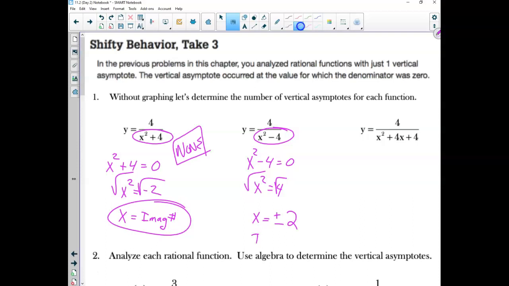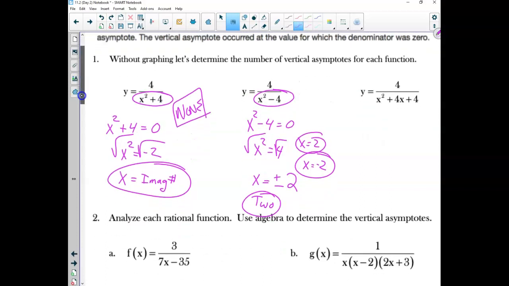So this is going to have 2 vertical asymptotes. It's going to have one at x equals 2, and one at x equals -2. And that's what we're going to do. And we're all really good at our algebra with solving quadratics. So this next example, we have to take x squared plus 4x plus 4, and we have to set that equal to 0.